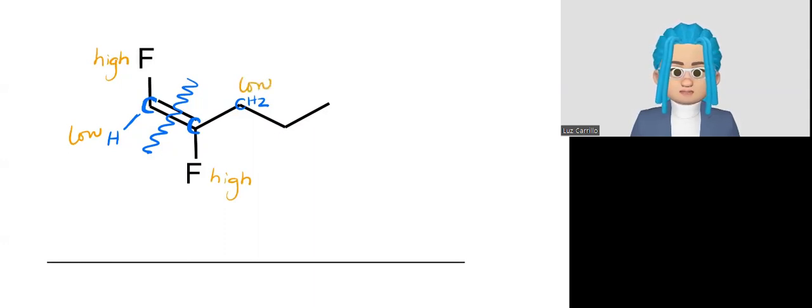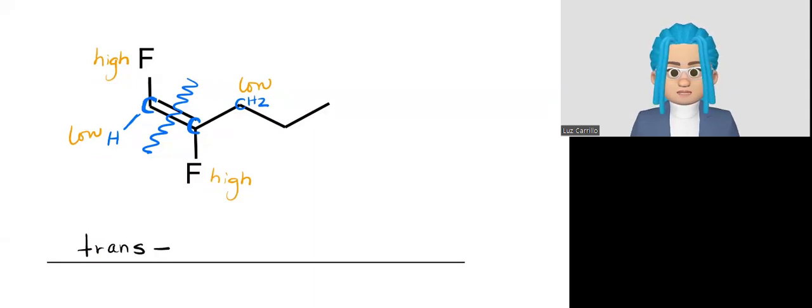If we look at this molecule, we can see that our highs and lows are on different sides, because towards the top of the molecule we see high, low, and in the bottom, we see low, high. Since our high priority groups and low priority groups are on opposite sides, that means that this alkene specifically is trans.